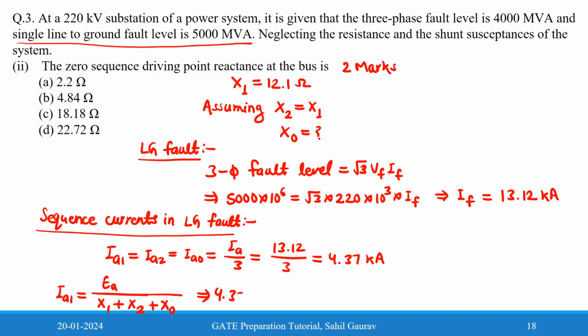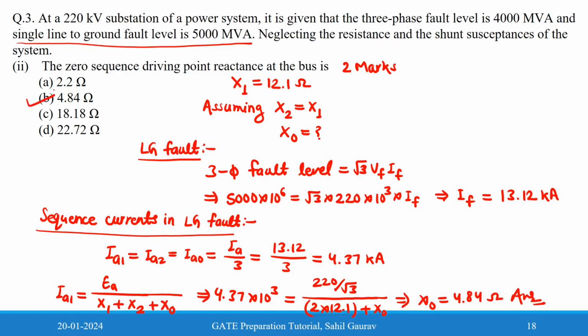So it is 4.37 into 10 to the power 3, and the phase voltage is 220 divided by root 3, and x1 plus x2 is 2 into 12.1 plus x naught. From here x naught will come as 4.84 ohm. So B option is correct.